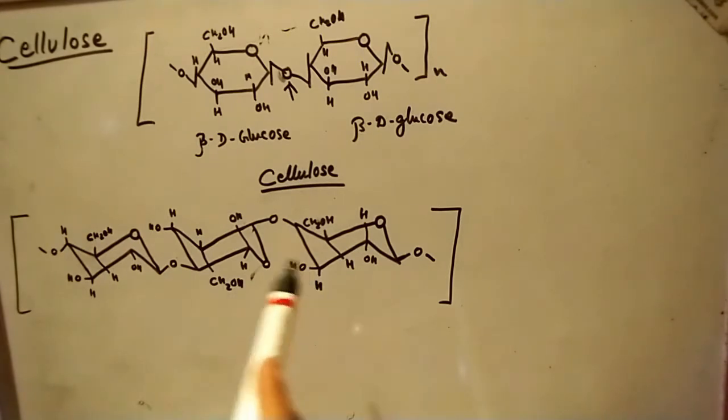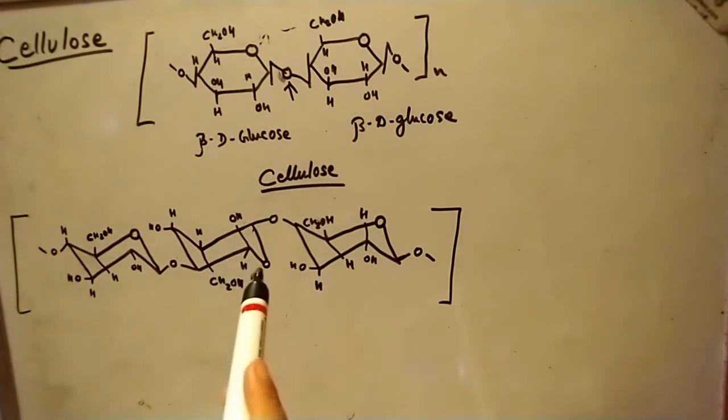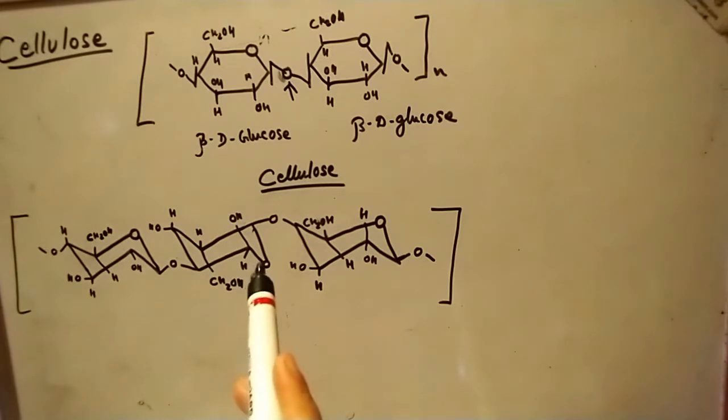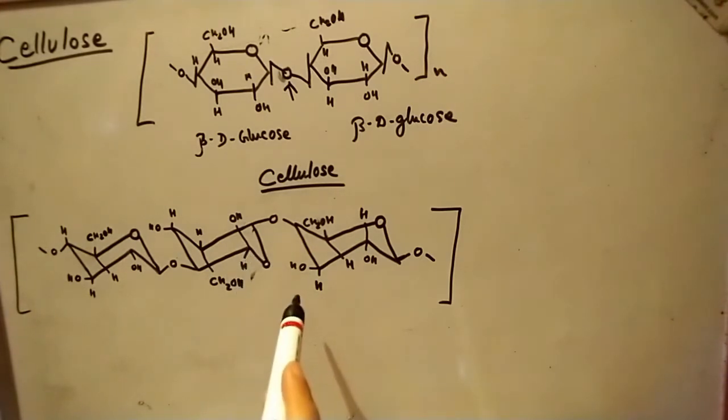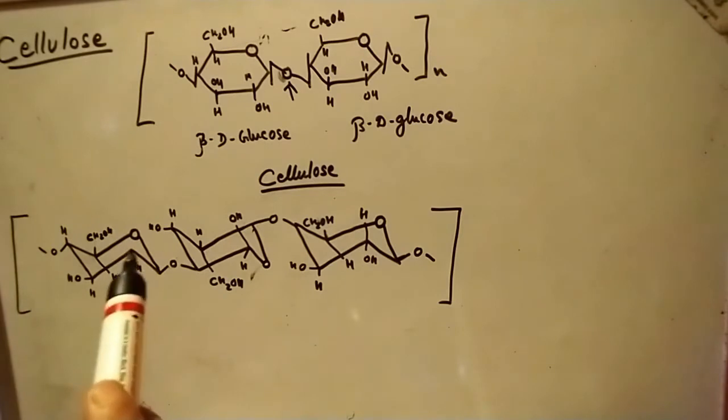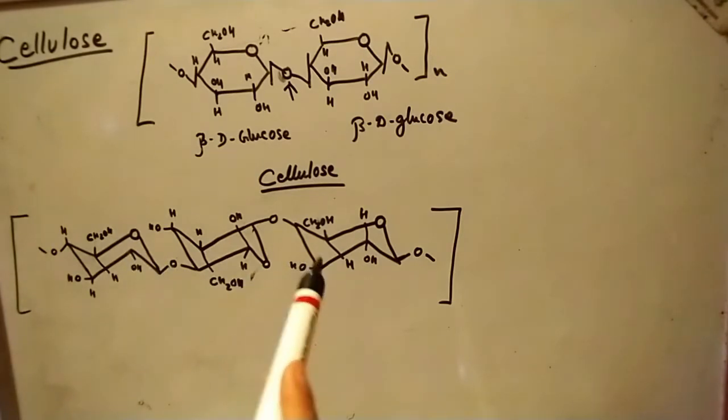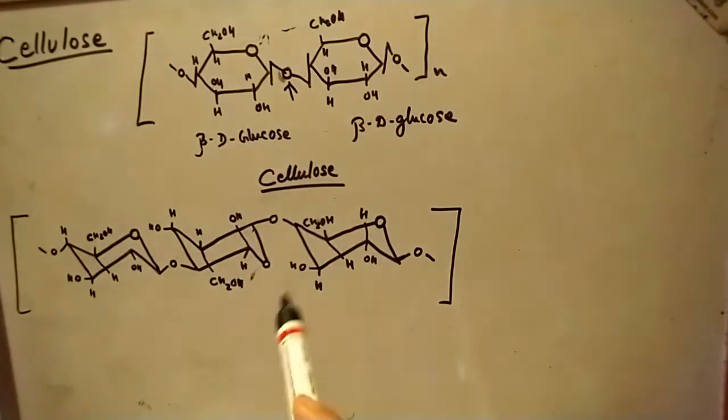Thus, if you see the structure of cellulose, it resembles amylose, amylopectin, and glycogen, because those homopolysaccharides are also made up of glucose units.